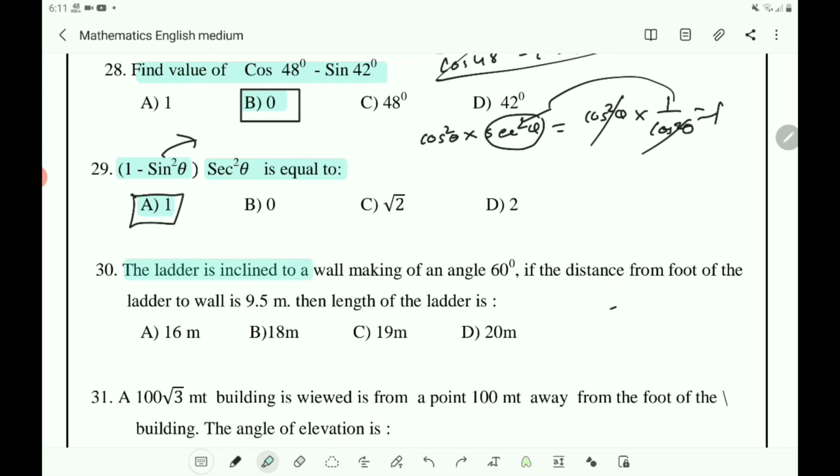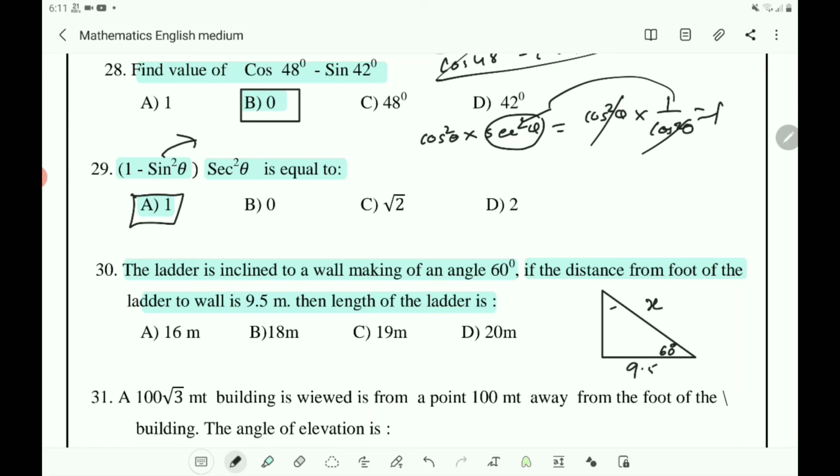The ladder is inclined to a wall making an angle 60 degree. If the distance from foot of the ladder to wall is 9.5 meter, then the length of the ladder is. Let us have the rough sketch here. It is given that it is a ladder. You consider the length of the ladder is x and the angle of inclination is 60 degree. Distance of the foot of the ladder from the wall is 9.5.